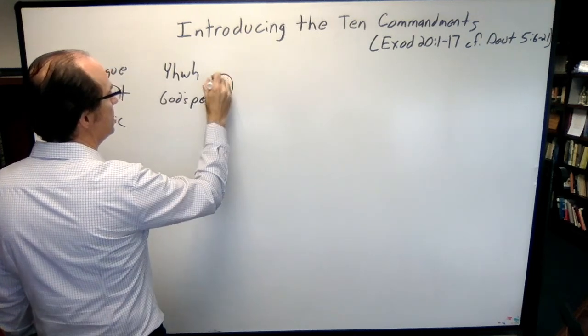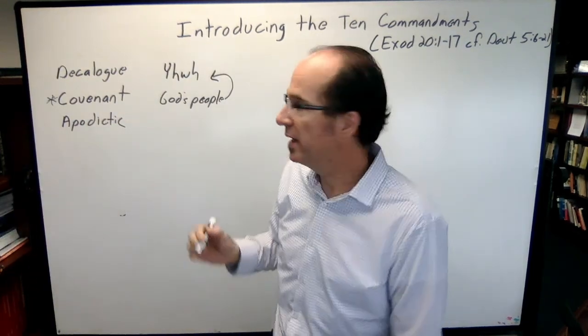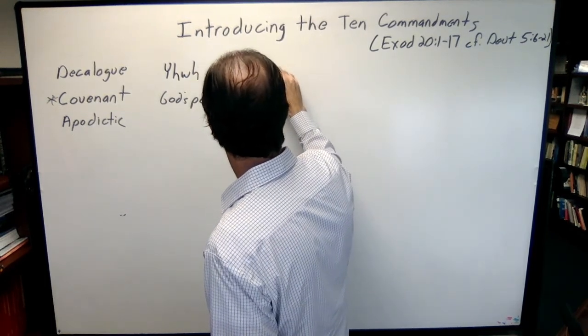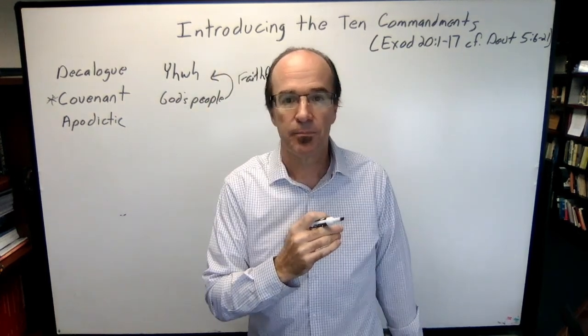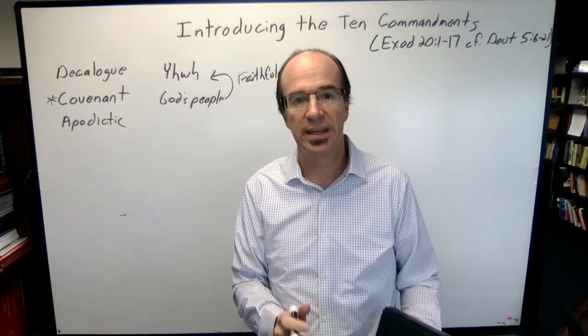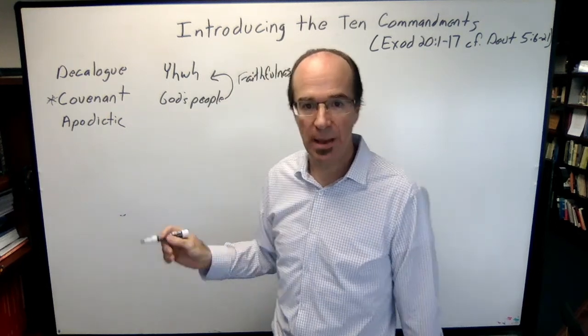And essentially, the response of God's people to Yahweh is faithfulness or faithful obedience. And what's it mean to keep the covenant? Well, what the Ten Commandments do is they give 10 expressions of God's will, of God's absolute will.